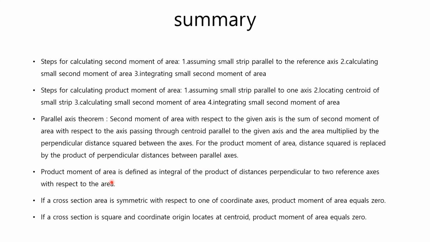Product moment of area is defined as the integral of the product of distances perpendicular to two reference axes with respect to the area. If a cross-section area is symmetric with respect to one of the coordinate axes, the product moment of area equals 0. If a cross-section is square and the coordinate origin locates at the centroid, the product moment of area equals 0.